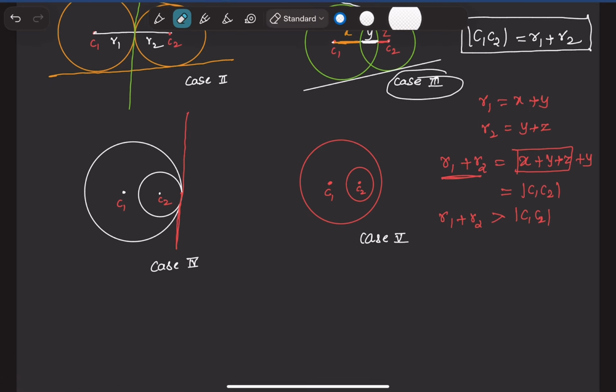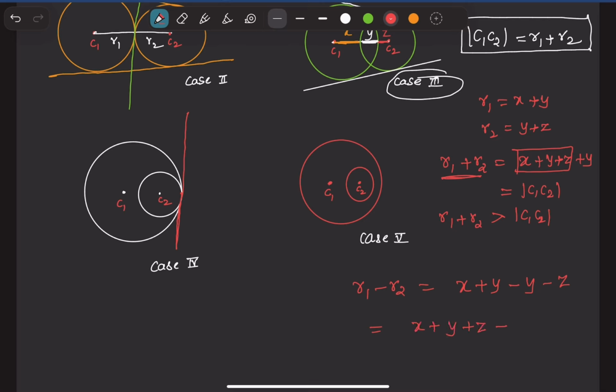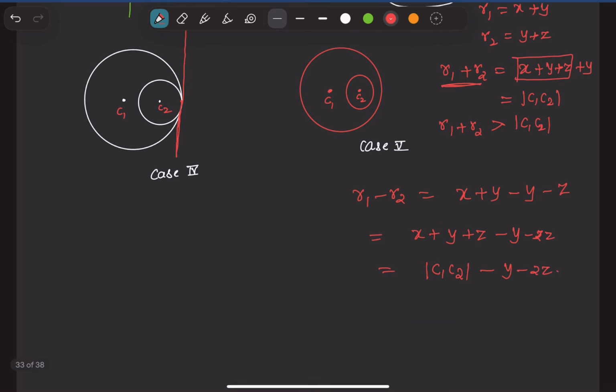If you find R1 minus R2, that is simply x plus y minus z. So what I'll do is I'll add z and I'll subtract z. So then you will get C1 C2 minus y minus 2z. So your R1 minus R2 is less than the distance between the centers.